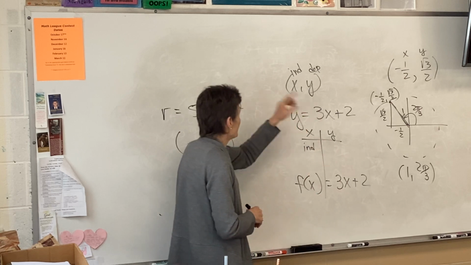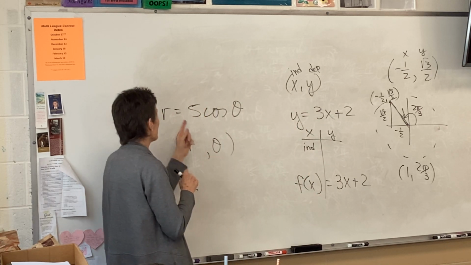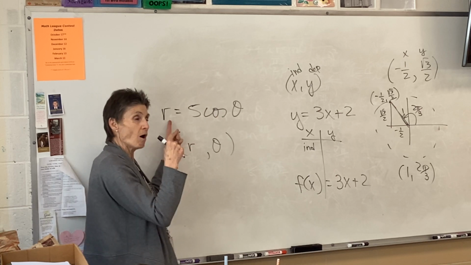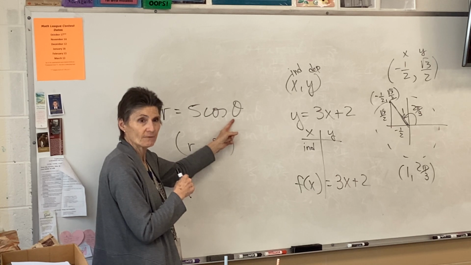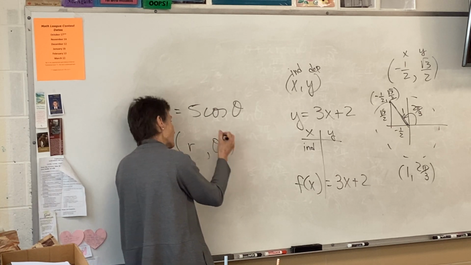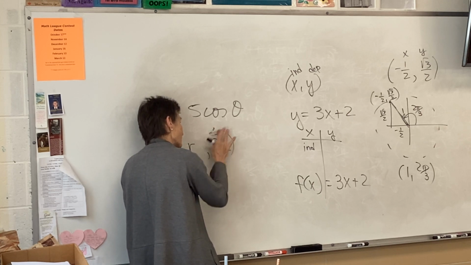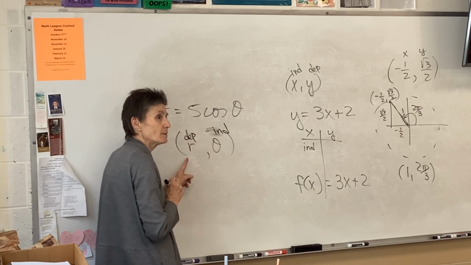Now, in polar coordinates, it's the other way around, because the value of r depends on the value of theta. When you write your ordered pairs, it's r comma theta, but theta is your independent variable, and r is your dependent variable.